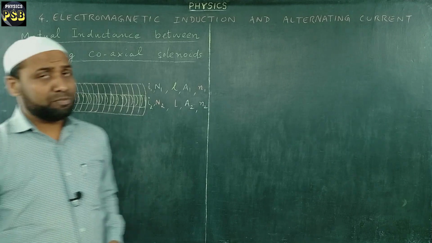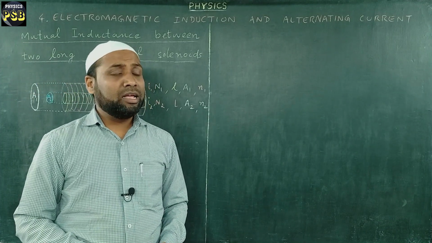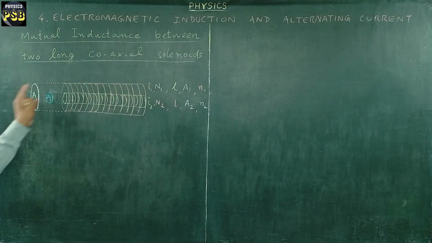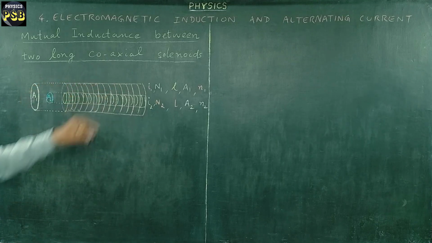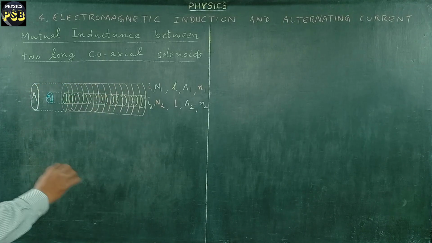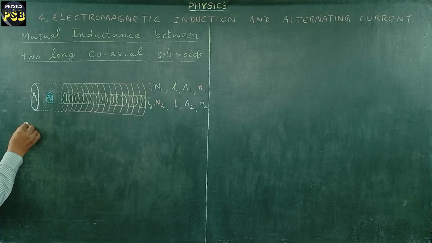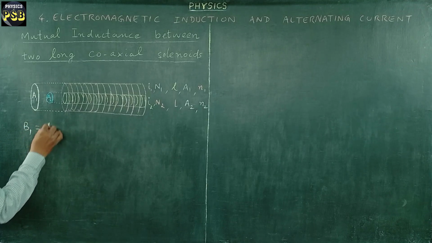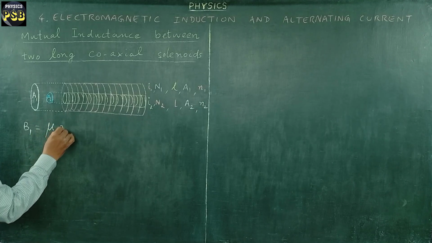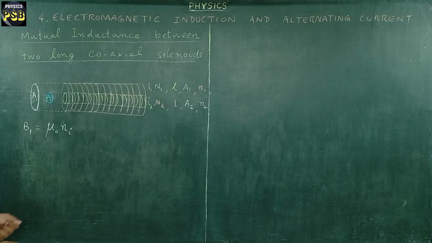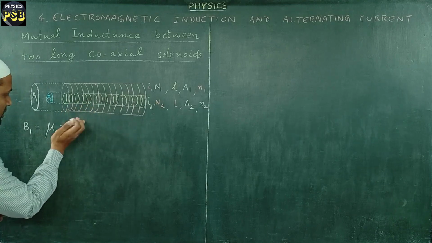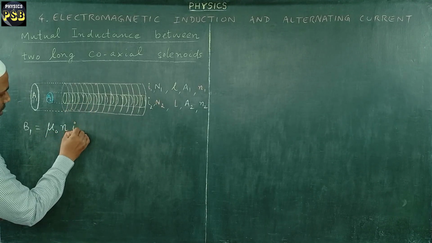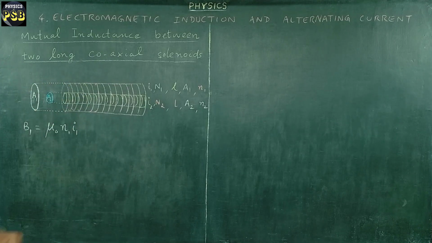Now, current I1 flows through the first solenoid. We know whenever current is passed through a conductor, it produces a magnetic field. The same thing happens with the solenoid as well. When you pass current I1 through solenoid 1, it produces a magnetic field B1, which is the product of mu naught, the turn density n1, and the current I1 flowing through the first solenoid.